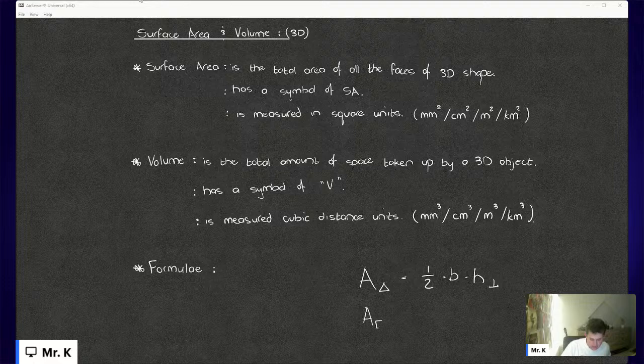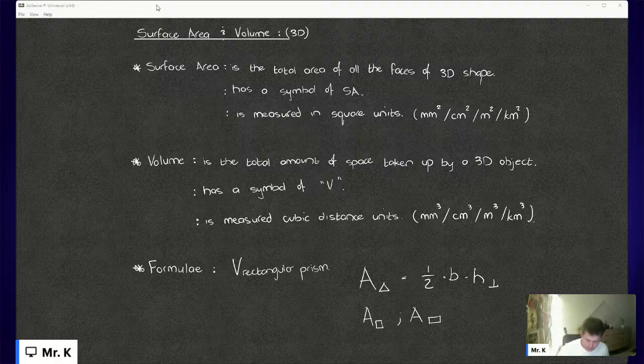We know the area of a square. We also know the area of a rectangle. We have unique formulae for all of these. Please keep in mind that there are also quite a few different 3D shapes that we can work with. So we do, for example, have the volume formula for things like a rectangular prism.